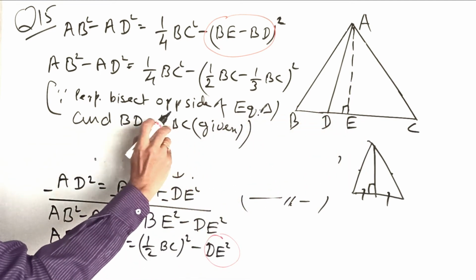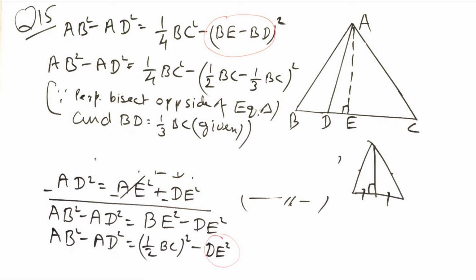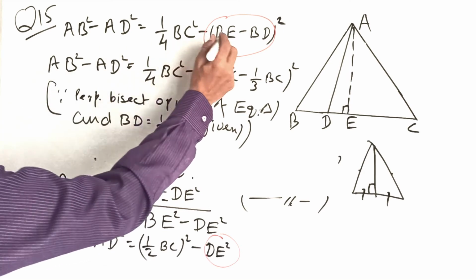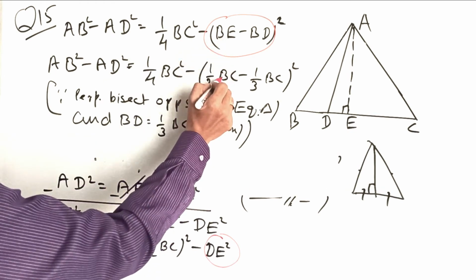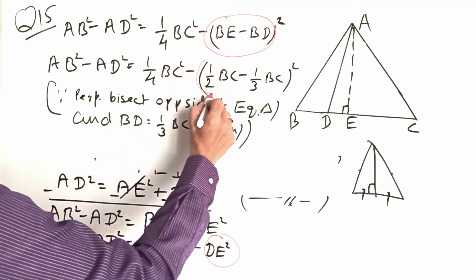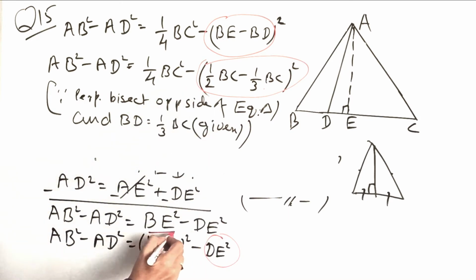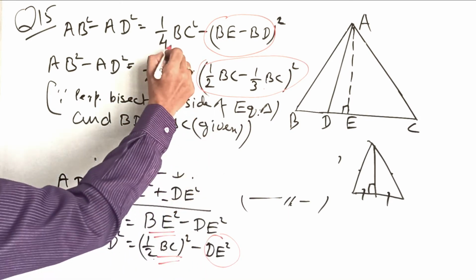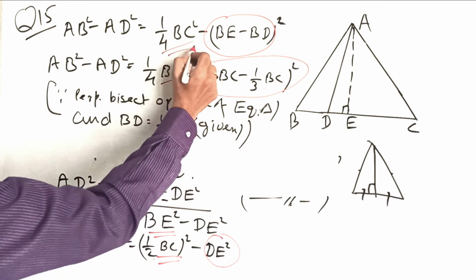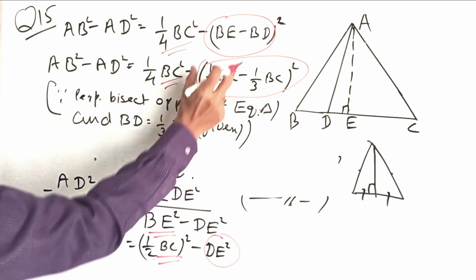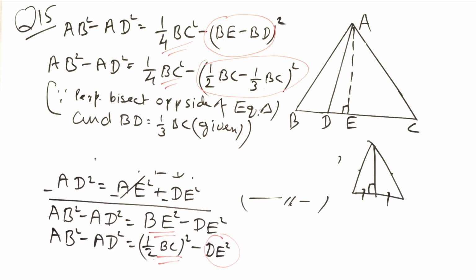This is given. So therefore wherever BE means half of BC, these two are the same. In place of BE minus BD, we have written half of BC and BD 1/3 of BC. This is given, and then 1/4 of BC square. Don't be confused, try to understand.